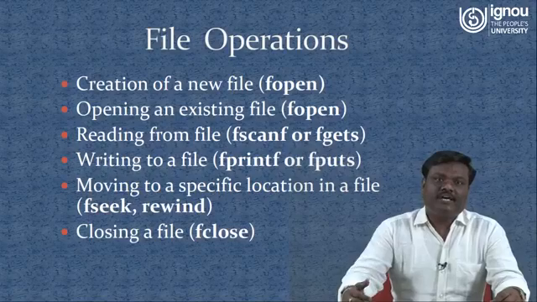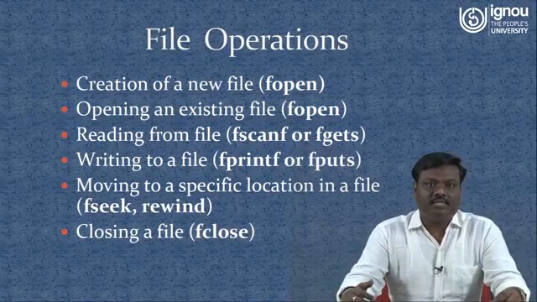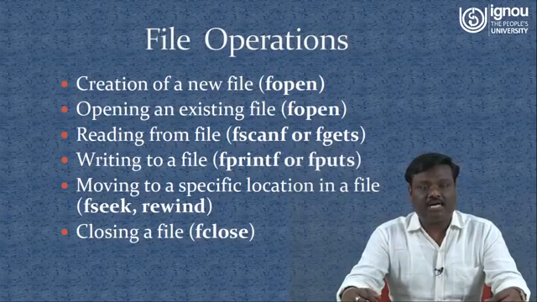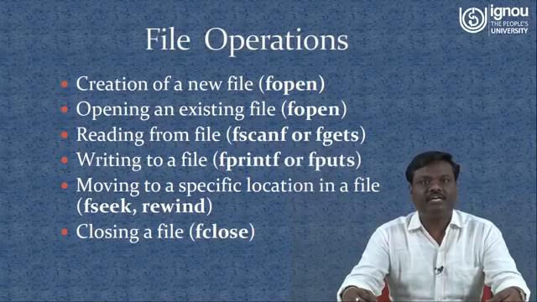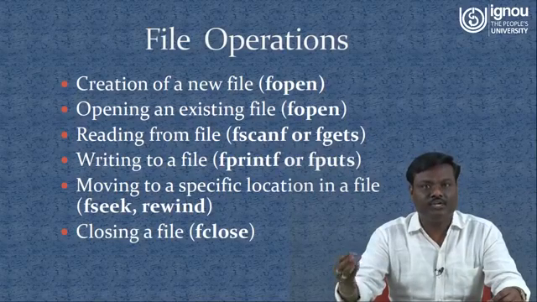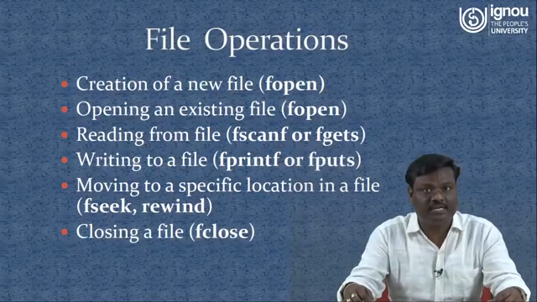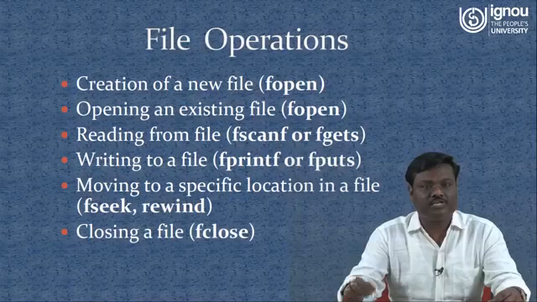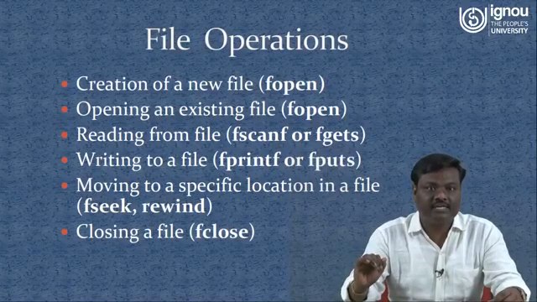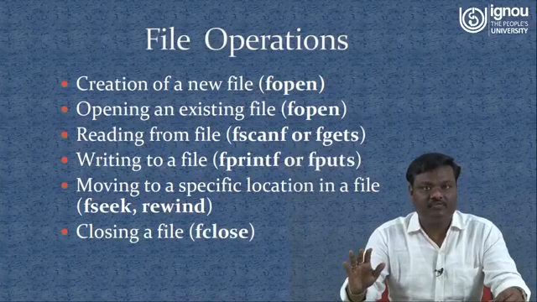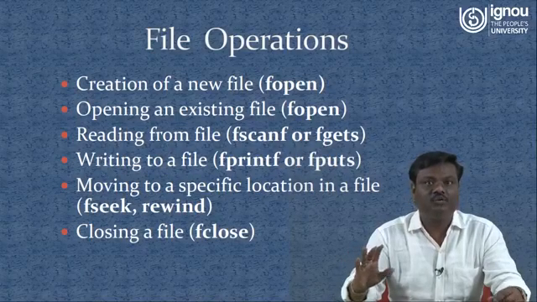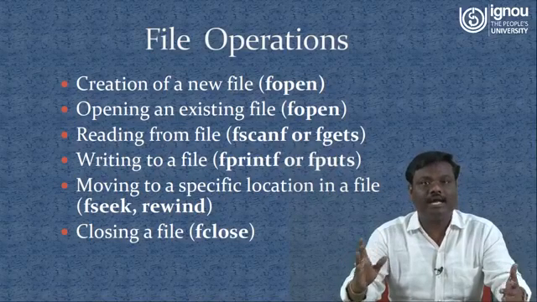Then the possible file operations on these files are, one, creating a file. If you don't have a file, you can create a file, then input the values or records in the file and then close the file. Then opening an existing file, that is, one file already exists and we want to read, write, or append.